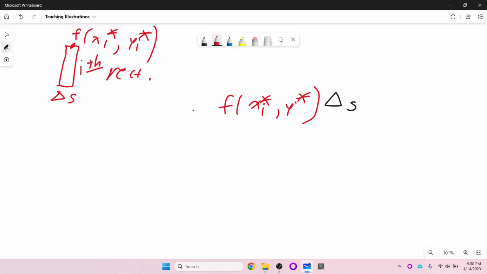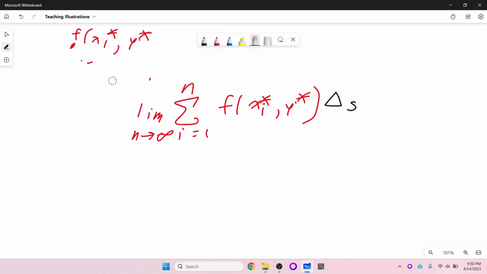As usual with the Riemann sums, you would want to take the sum where i goes from 1 to n. That would be summing up along all the different paths, and then you take the limit as n goes to infinity. This is the way that we always do Riemann sums.